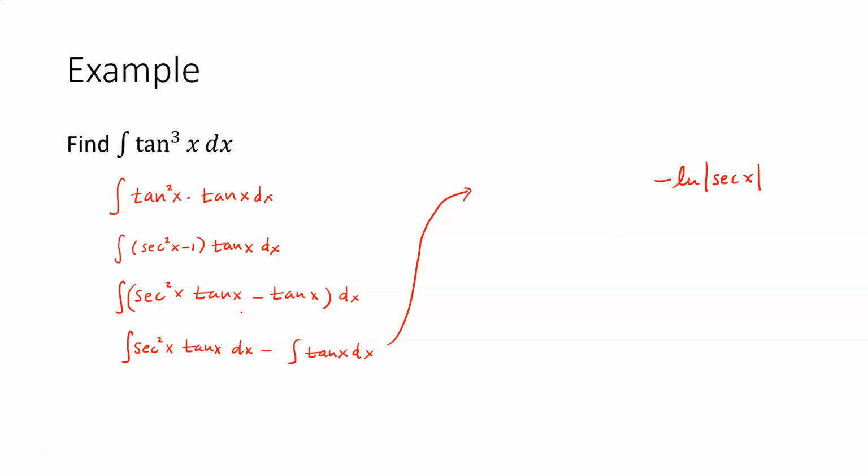And for this one, we're going to do a substitution with tangent. So before we rewrite the integral, let's let u equal tan x. So du is secant squared, and our integral becomes u du.